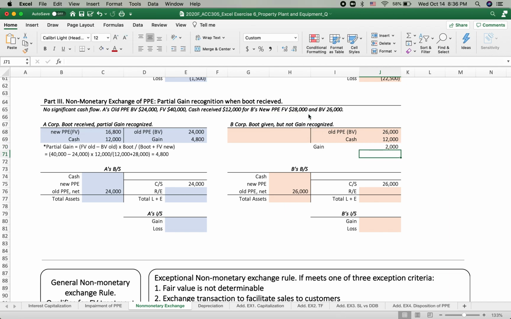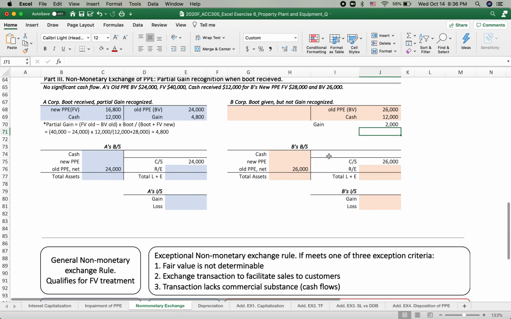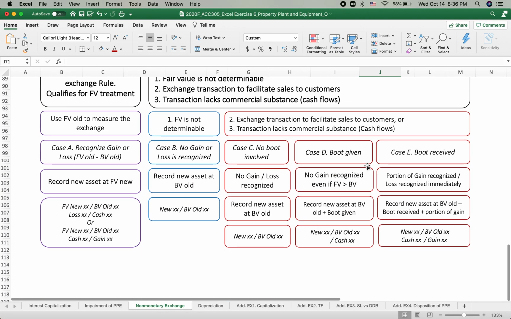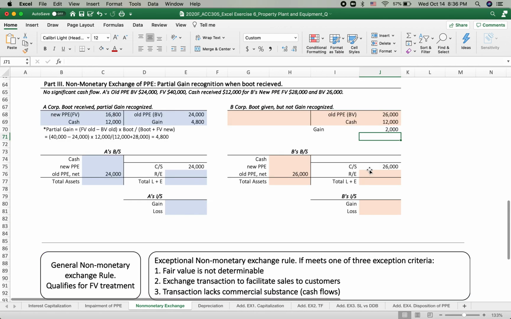Then can you record the gain? No. The company cannot recognize gain. Just a general idea, in common sense: if the company gives the boot, can it recognize gain? No, it's impossible. If the company receives the cash boot, then the company can recognize gain, but only a partial gain in this exceptional case.